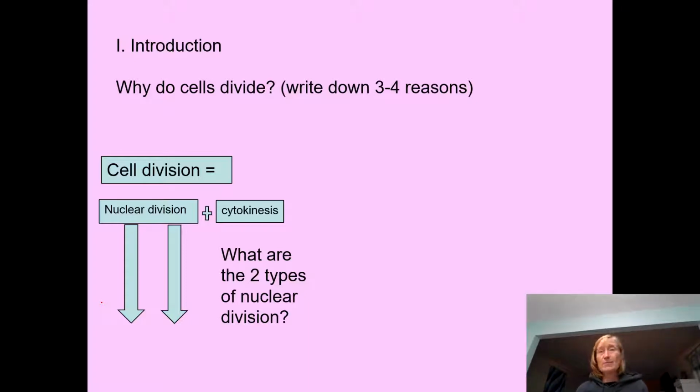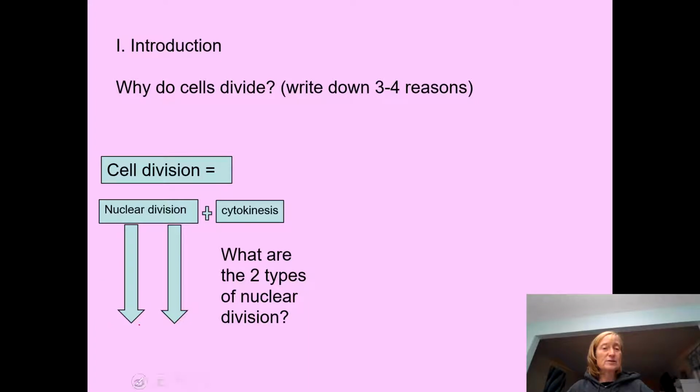And other cells maybe never get replaced, but there's everything in between, too. And then finally, reproduction. Our cells divide to reproduce, to make reproductive cells called gametes, right? Eggs and sperm. So for all of these reasons, our cells divide.